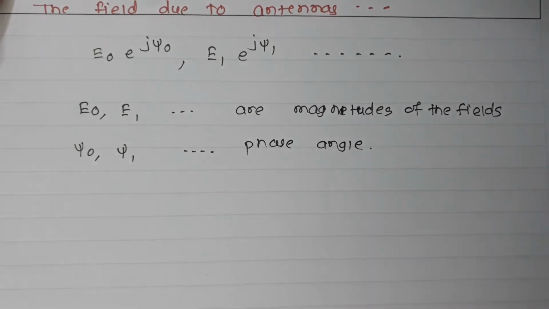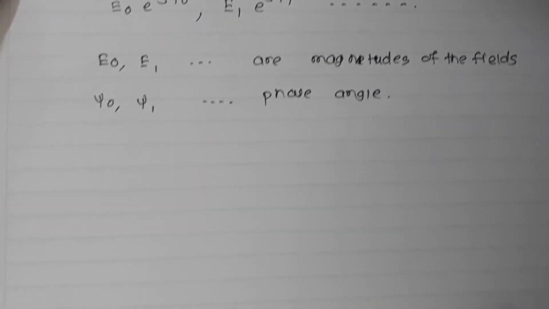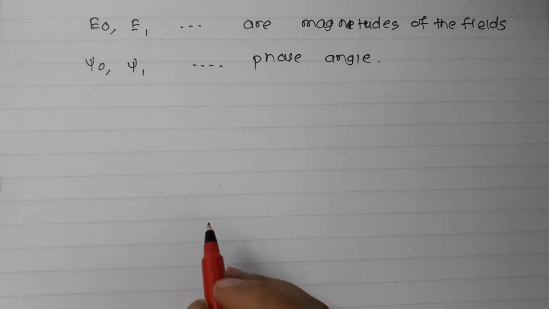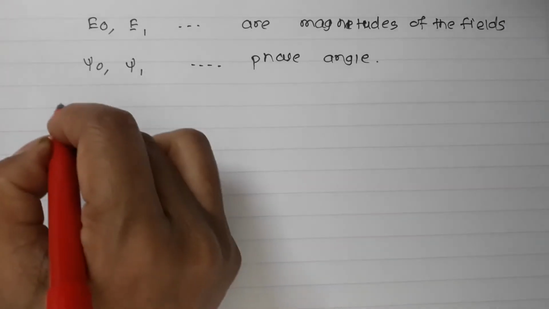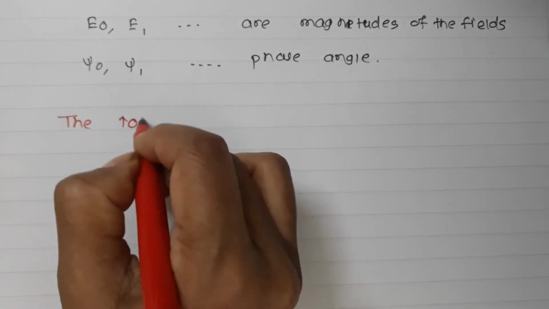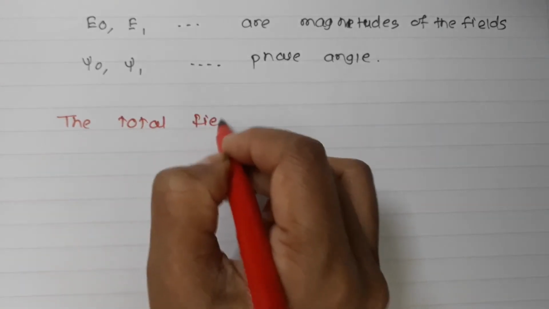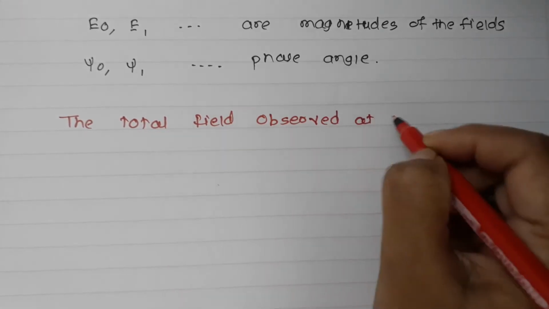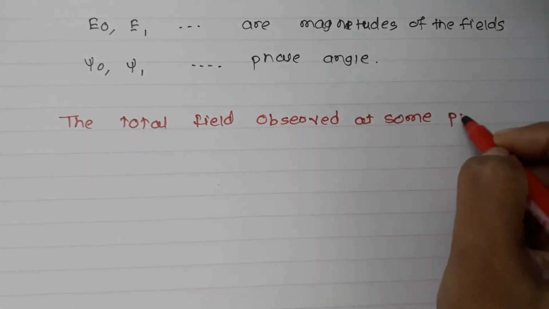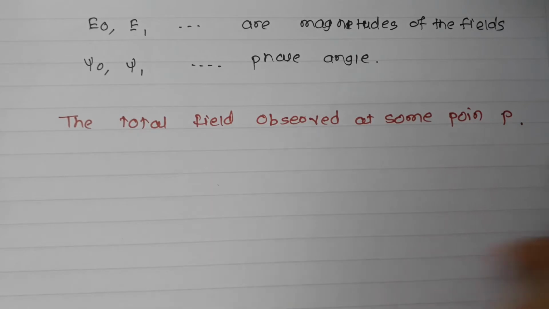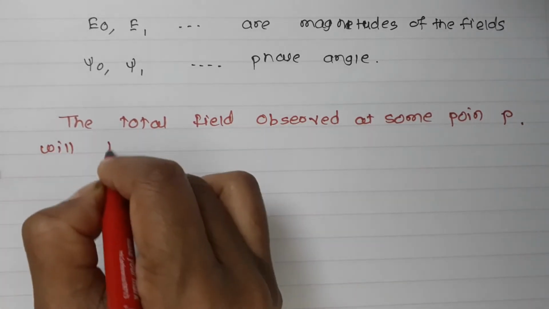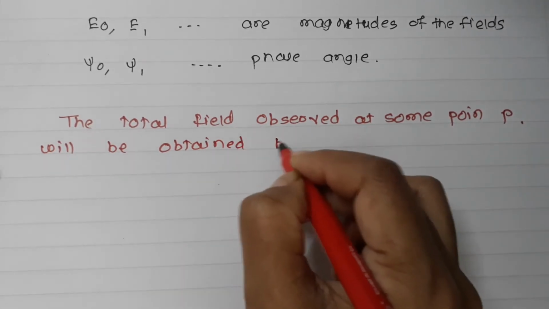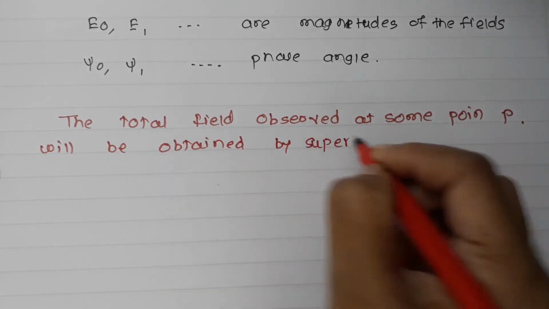Now the total field observed at a particular point, say P, which is far away from this transmitting antenna. So I can say the total field observed at some point P will be obtained by the superposition principle.